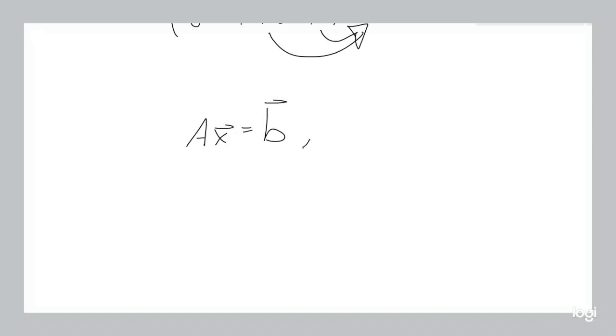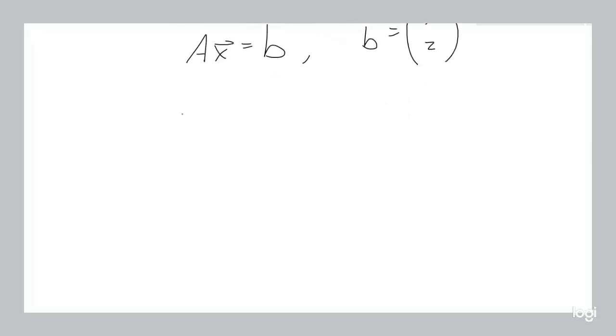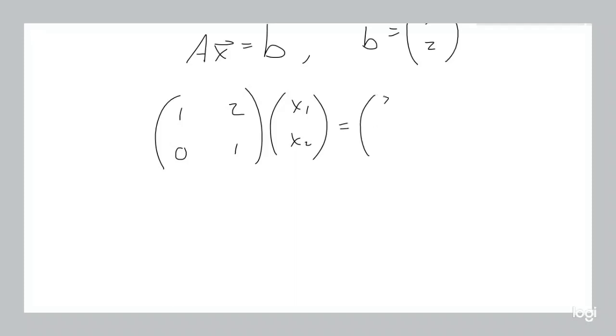So let's say A is what we're used to it being, and let's say B is equal to 3 and 2. So what exactly does this equation mean? We have 1, 2, 0, 1 multiplied by x1, x2, and that equals 3 and 2.